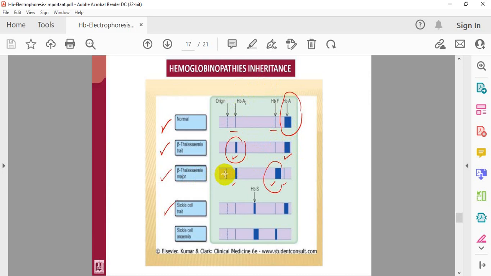Beta thalassemia major has hemoglobin A2 as small as the beta thalassemia trait. Trait means a carrier, and the major means the disease itself.